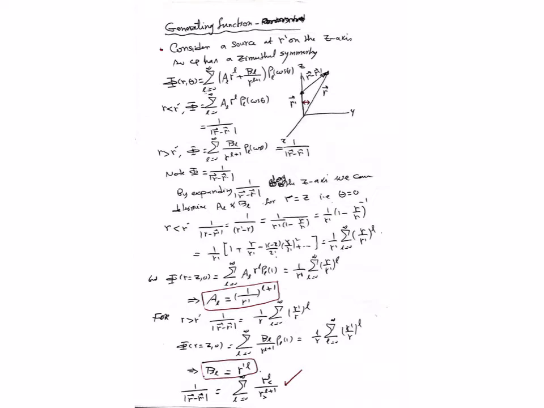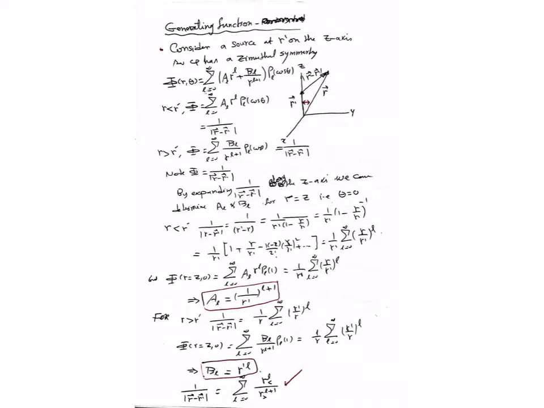Now from this we can determine a sub L and b sub L by expanding 1 over r minus r prime, depending on which one is bigger. So if you proceed, you can show that a sub L is given by 1 over r prime to the power L plus 1. In this case, r prime is in the denominator, which means that it is greater than r.